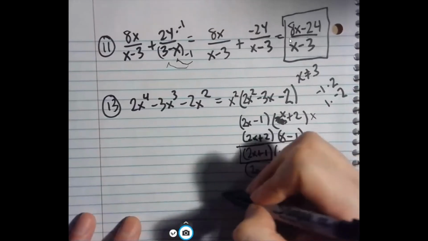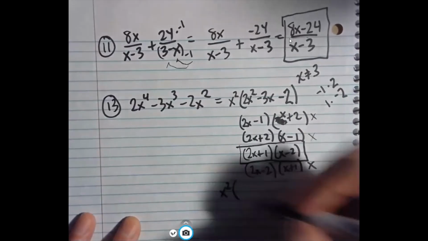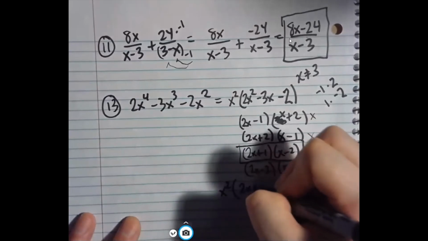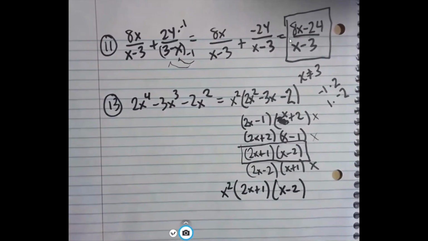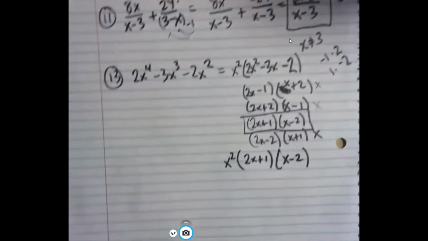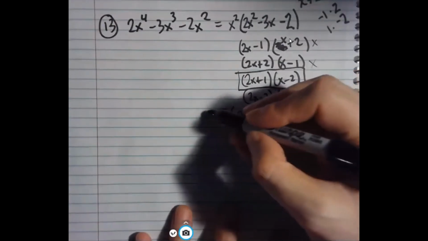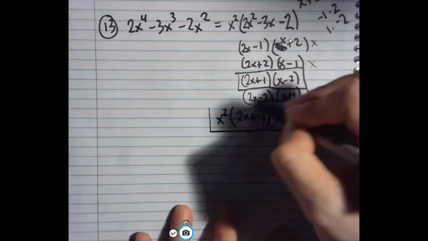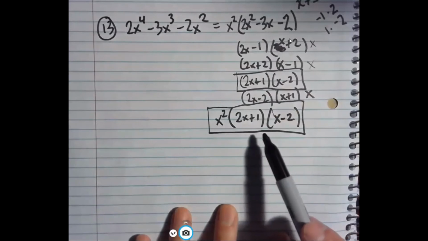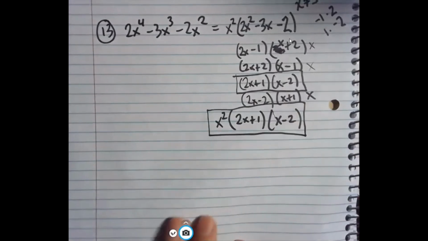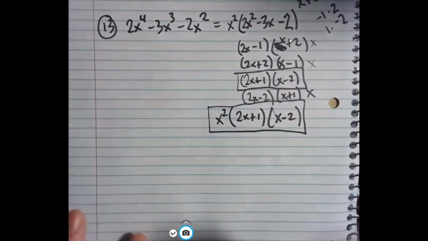So our final answer will be x squared times 2x plus 1, x minus 2. I'm just going to do a quick check here, make sure this is right. Yeah, this is good.